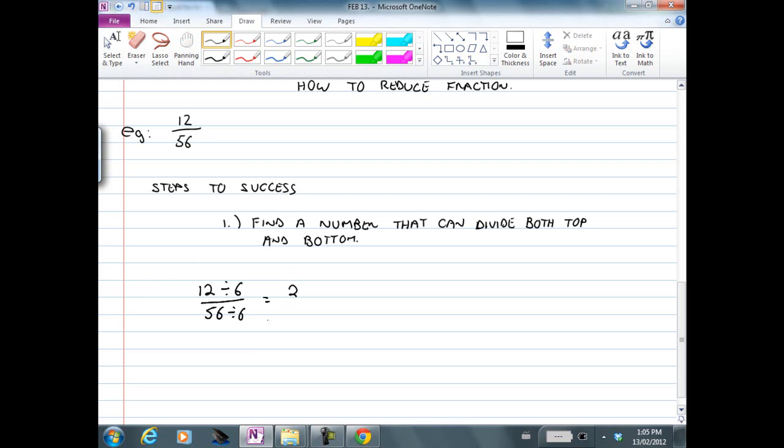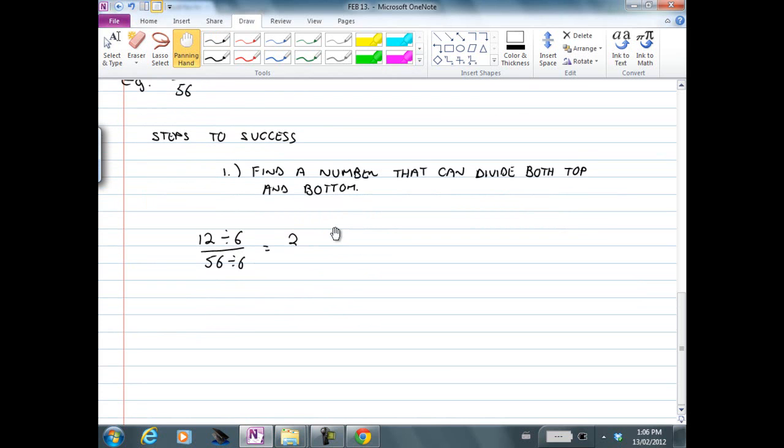Manraj, can you have 56 divided by 6? Deepika, can you divide 56 by 6? Gurjo, can you divide 56 by 6? No, you can't divide 56.